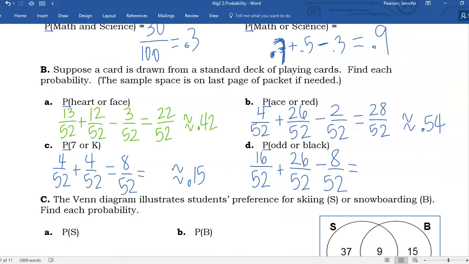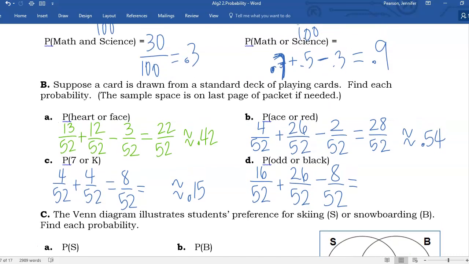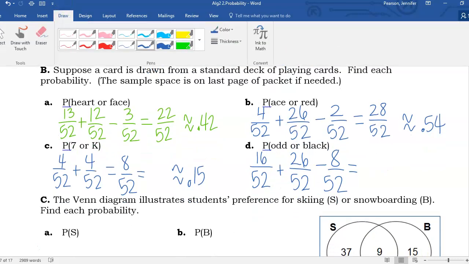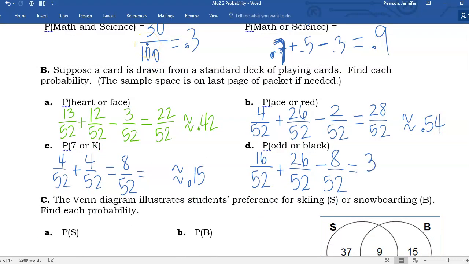Yeah, looks good. So that is 34 out of 52, which is approximately 65% chance.